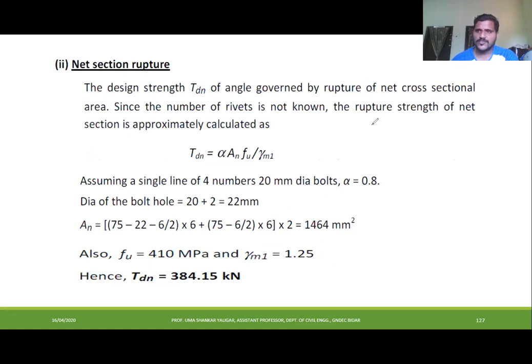Then here he has not given the number of bolts, and without knowing the number of bolts, it becomes very tedious to calculate TDN, with the formula we used in the previous problem. That's why there are two formulas for angle section. One we have seen in the previous example, and the other one is this formula.